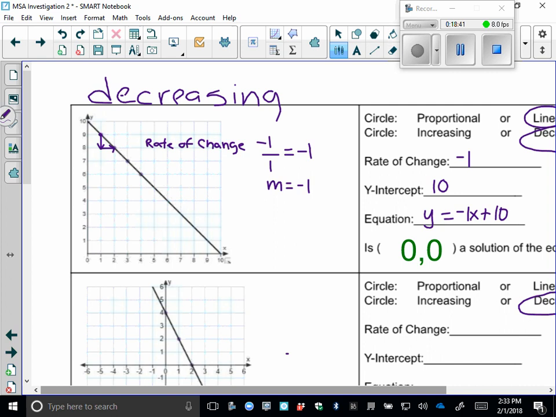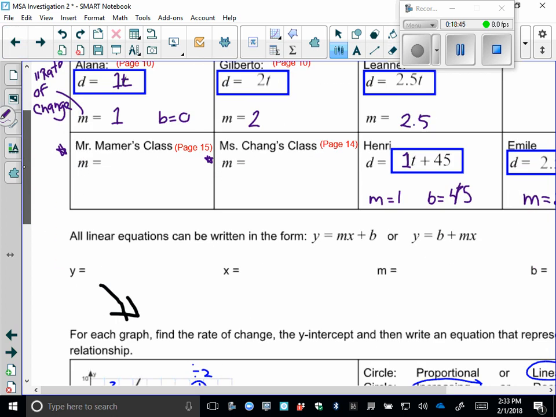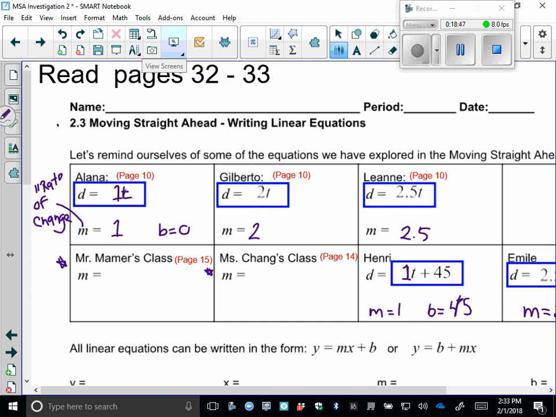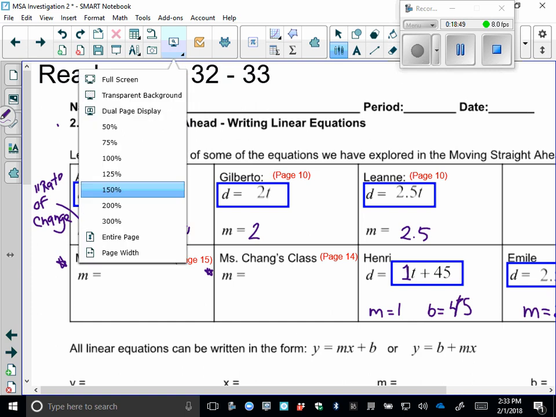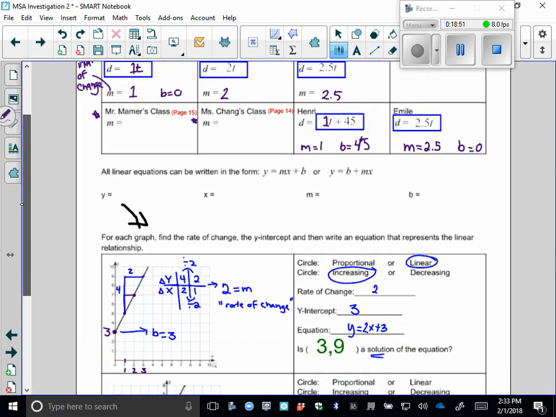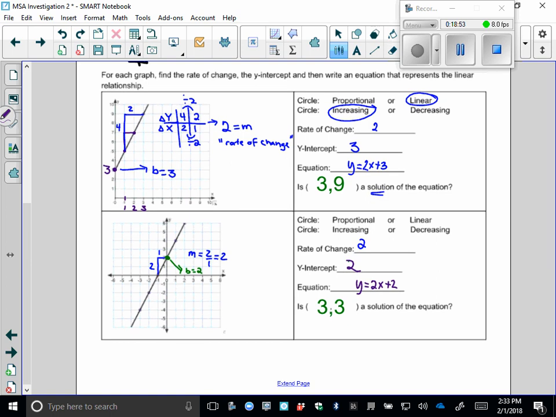So, this is how you tell if something's a solution. When you look at the question, is this a solution? Going back to the first page I had up, with that big green point. If it is a solution, that just means the point is on the line.